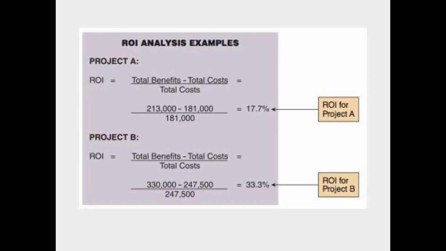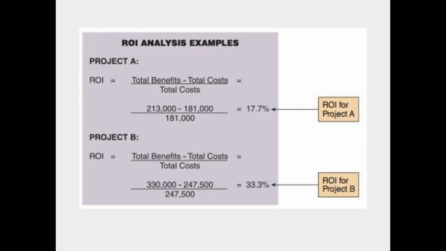That is the ROI for project A. Similarly, for project B, we have 330,000, subtract 240,500, divide by 247,500, which is about 33%. So you can see, if you look at the numbers, ROI for project B is high.